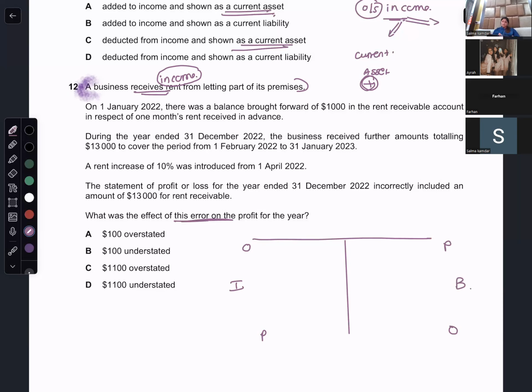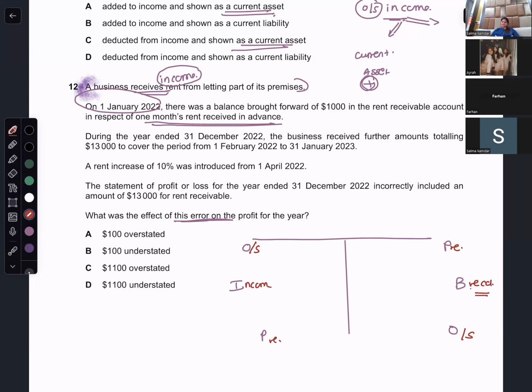So 1 month rent is received in advance. This is the opening balance. Which side? Opening balance is written where? Outstanding, prepaid, income for the year, and amount received, right?